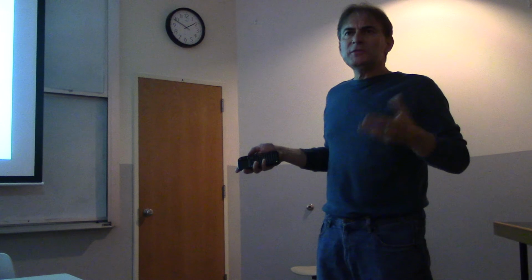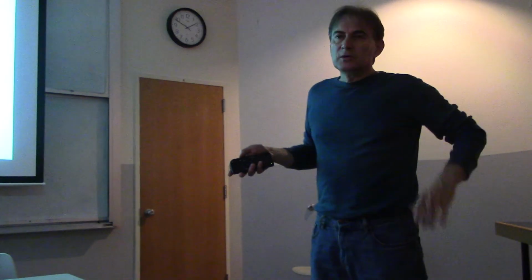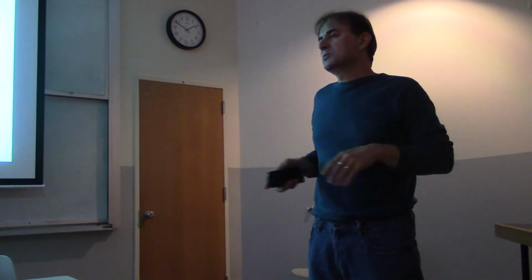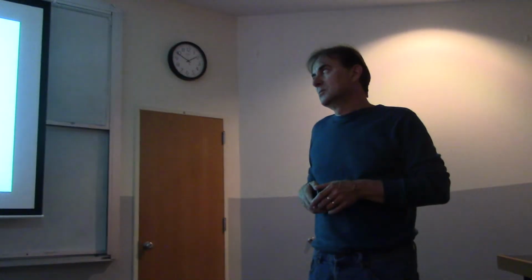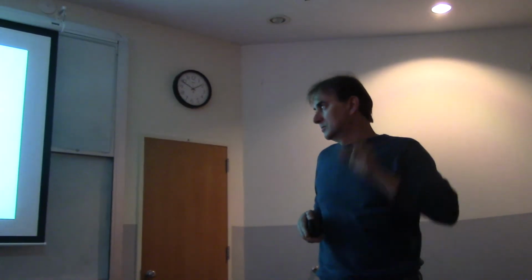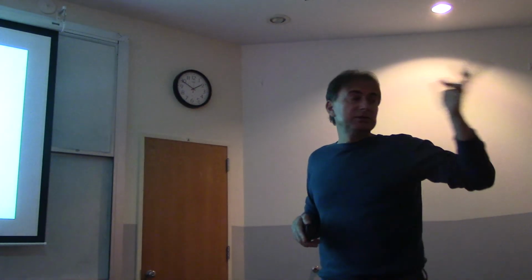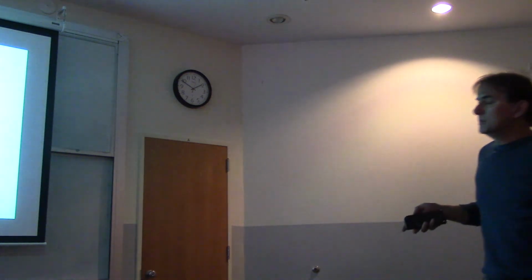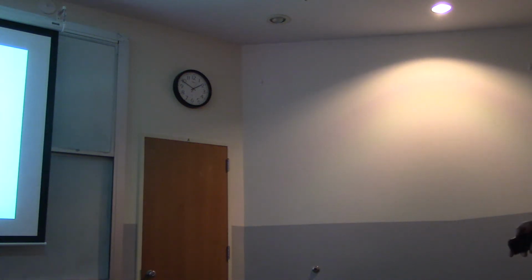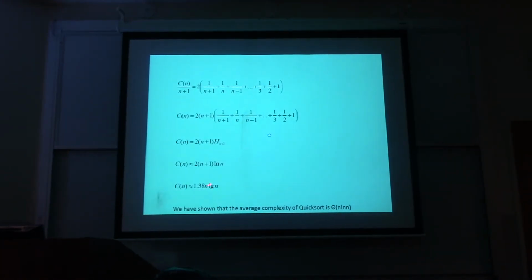So for example, let's think of an example. Suppose we have 1,023 nodes. What's the depth of a full tree of 1,023 nodes? It's going to be 10. It's going to be lg of 1,024 roughly, right? N plus 1. So that's going to be 10.